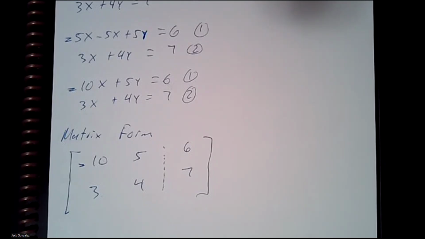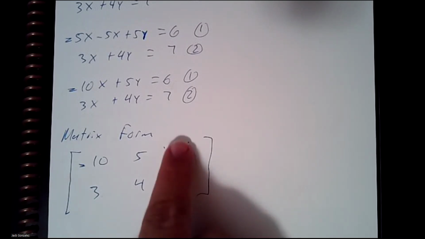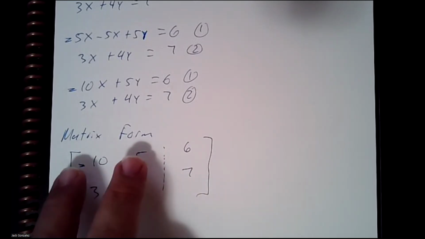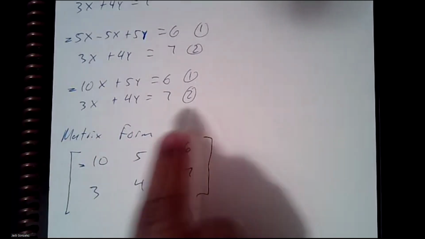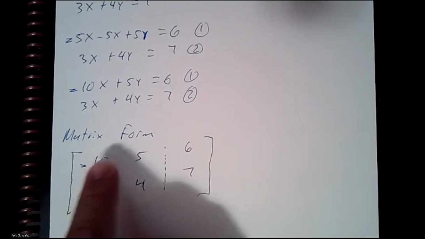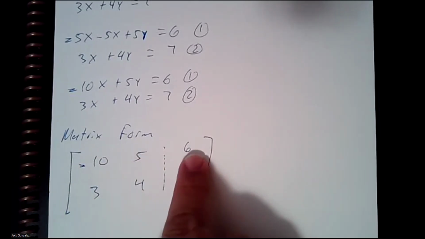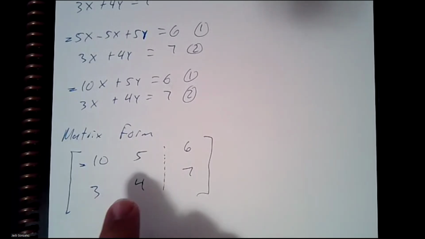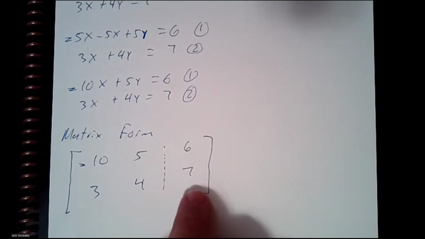So all the x's first and then the y's and then equal to the numbers. And that's what goes here, the numbers. So essentially, if you change it back to equation form, this is -10x plus 5y equal to 6, 3x plus 4y equal to 7. That's what this means.